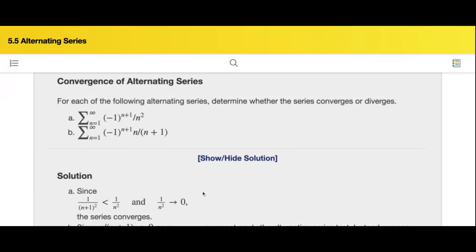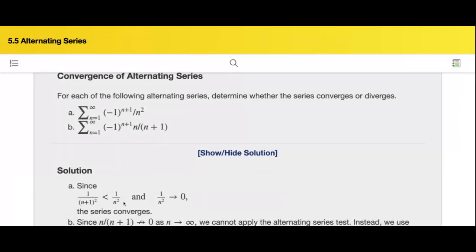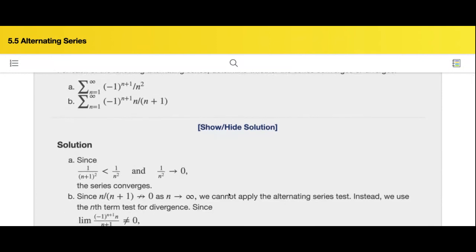So we can prove it from another point of view, by the alternating series test. The first condition is satisfied: the terms are non-increasing. Actually, the terms are decreasing. And second, the limit of the nth term goes to 0 as n approaches infinity. So by the alternating series test, this series converges.